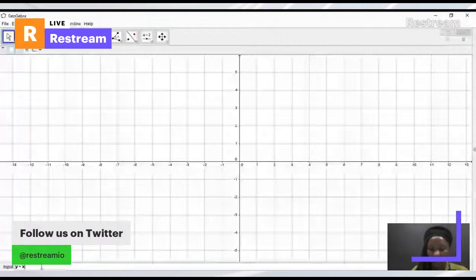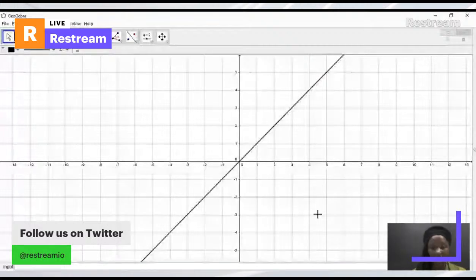This is the line y equals x. It is a line through the origin, point 0, 0. For each x value, the y value is the same, hence the name y equals x.